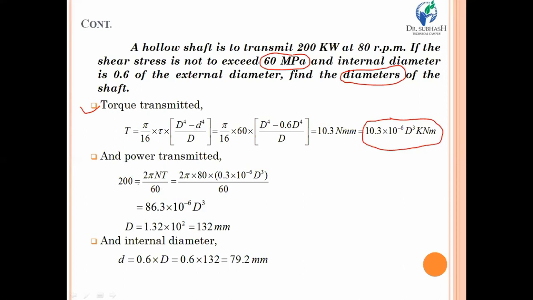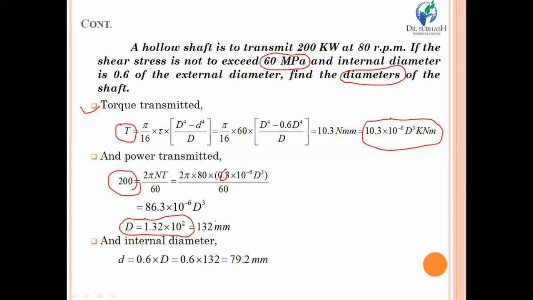By putting in the magnitude of power over here, at the end you will have the diameter equal to 1.32 into 10 raised to 2, because the RPM is already given and T you have already calculated. By putting all of these values into the equation for the brake power, you get the diameter equal to 132 mm.